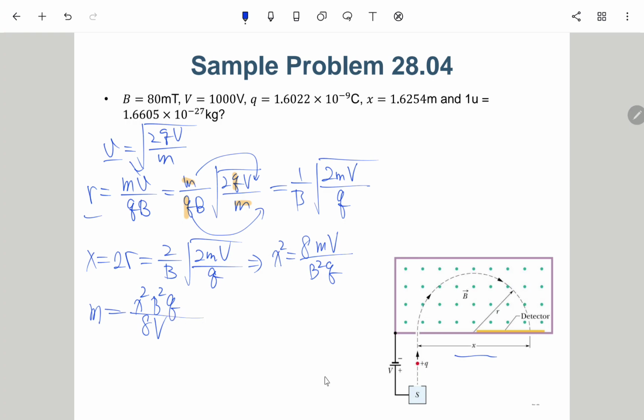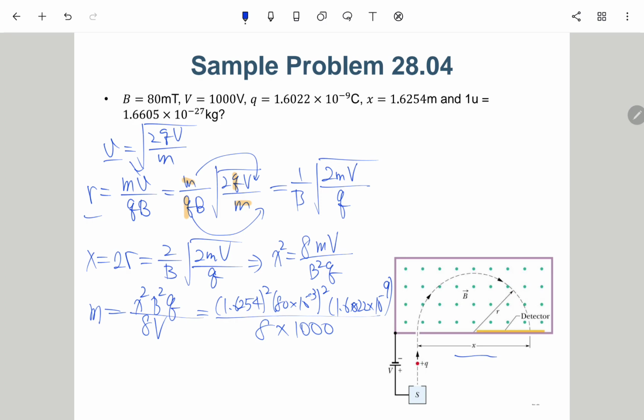Okay, then we can just plug in all the numbers. Okay, so x is 1.6254 squared, and then B is 80 times 10 to the negative third, and then squared, and then times q is 1.6 times 10 to the minus 19, 6022 times 10 to minus 9, and then over 8 times V. What is V? 1000 volt.